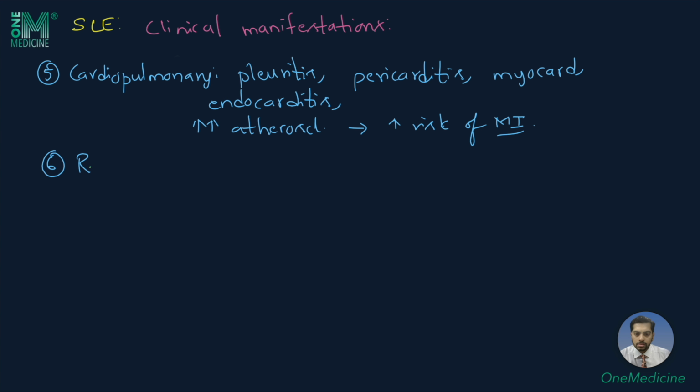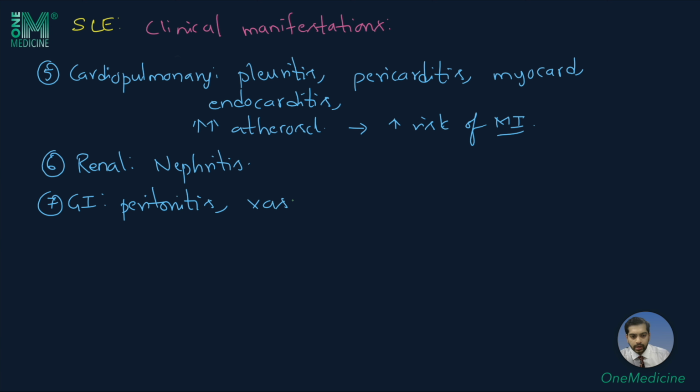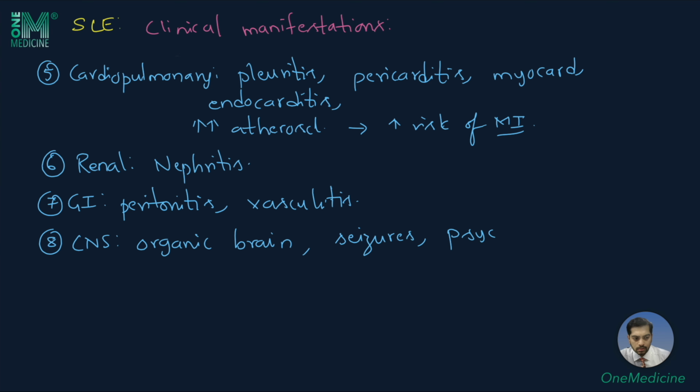Renal manifestations include nephritis. Gastrointestinal manifestations include peritonitis and vasculitis. CNS manifestations include organic brain conditions, seizures, psychosis, and cerebritis.